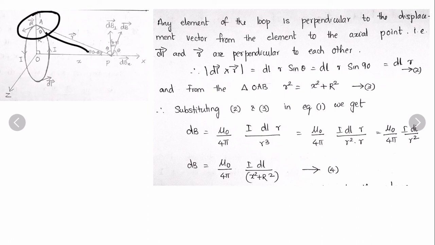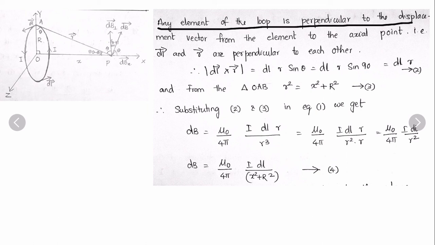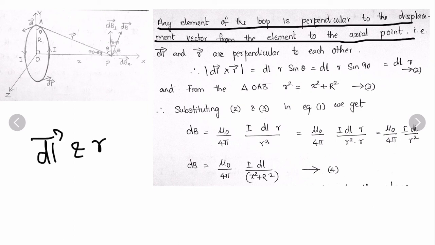Any element of the loop is perpendicular to the displacement vector from the element to the point. In simple words, dl bar and r bar are perpendicular to each other.